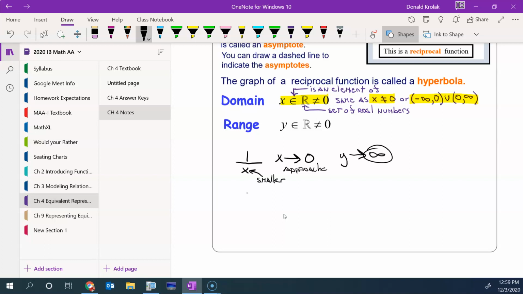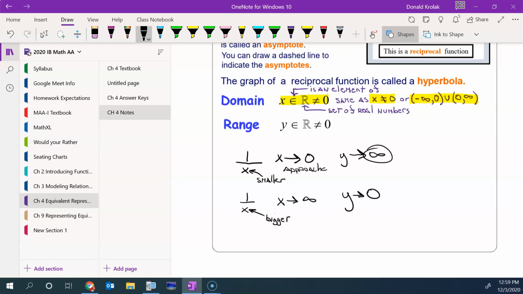Now what would happen if x went to infinity? Very good. As this number gets bigger and bigger, when you take 1 and divide it by a really big number, your answer is going to get smaller.